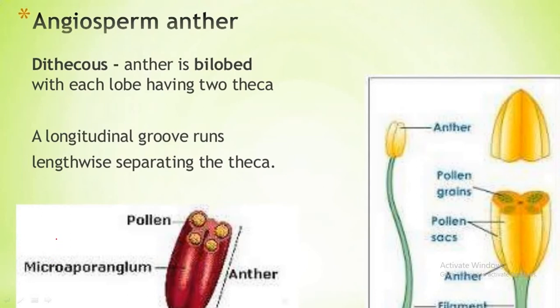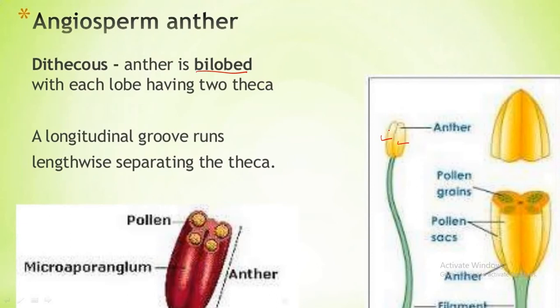Let us study the structure of the anther. A typical angiosperm anther is bilobed, a structure with two lobes, with each lobe having two theca. See, these are the two lobes: this is the first lobe and this is the second lobe.